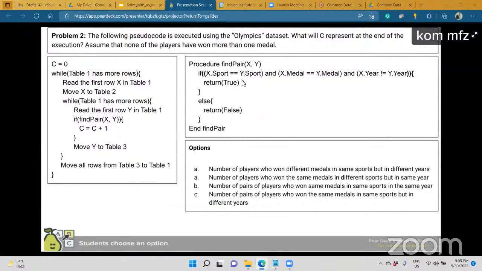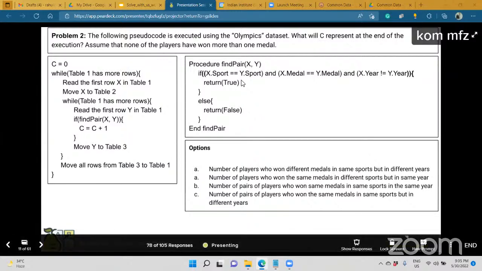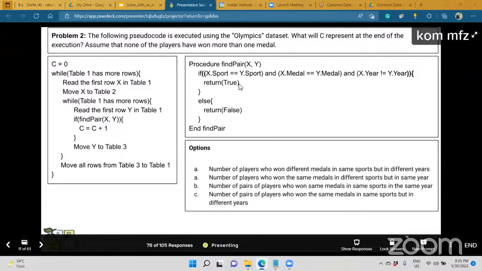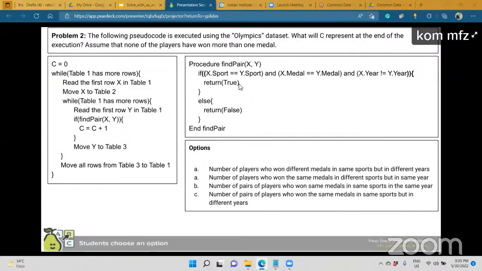Please repeat, I could not hear you. Will it be the same player, same medal, same year? No, sir, not the same year. The year will be different. What does this explanation mean?